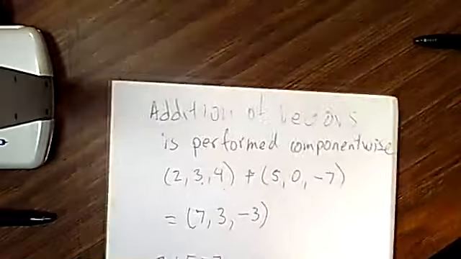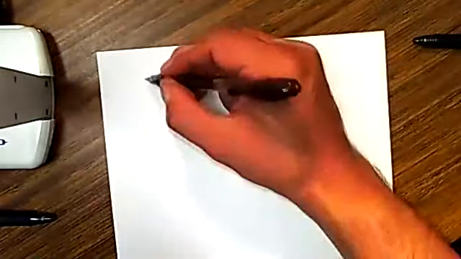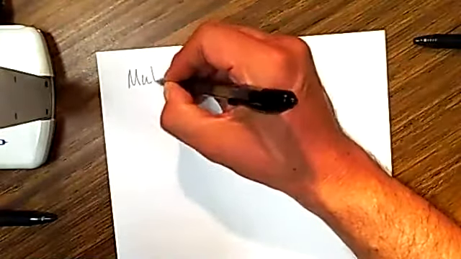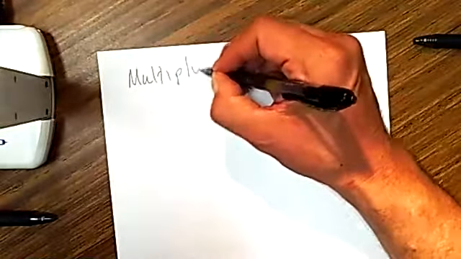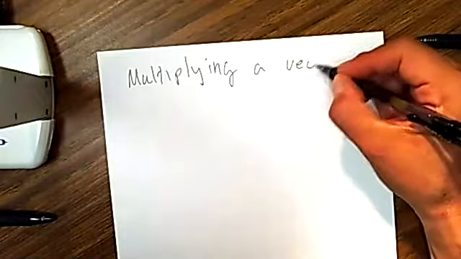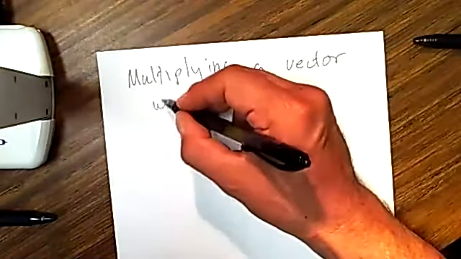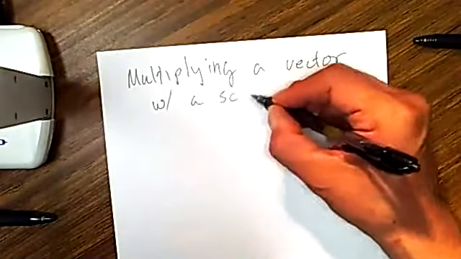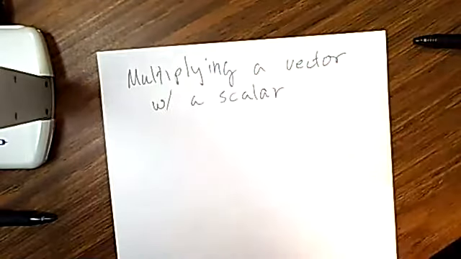The reason why we need to emphasize that we have real numbers is because now we're going to define the multiplication by a scalar. So multiplying a vector with a scalar. So that means with just a number.